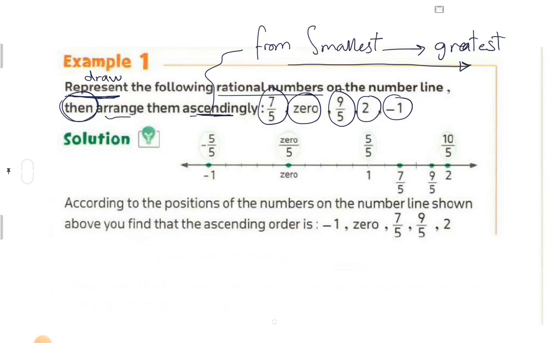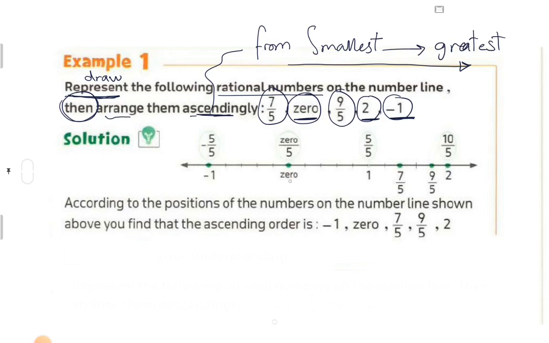To represent these numbers on the number line, look, negative 1 is an integer, 2 is an integer, 0 is an integer. But 9 over 5 and 7 over 5 are not.